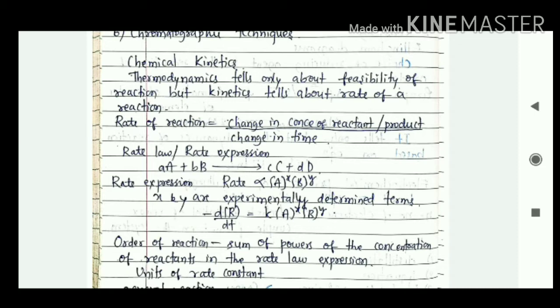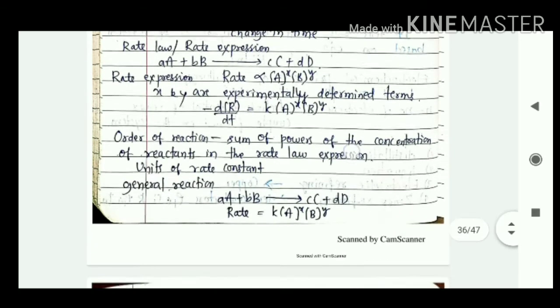Here x and y are experimentally determined terms. So the rate, that is minus dR divided by dt, is equal to k [A]^x [B]^y. This expression is known as the rate expression.